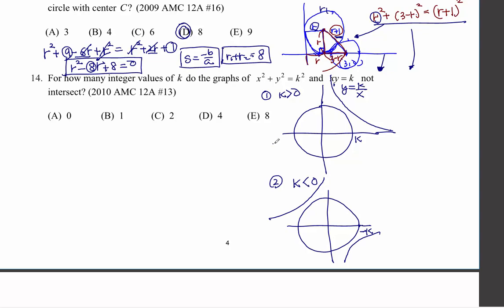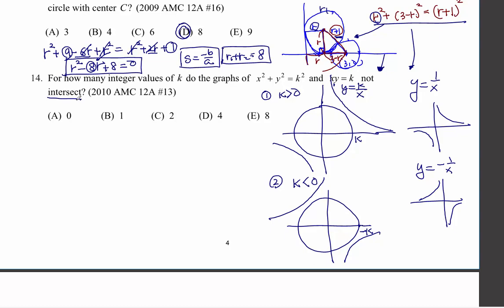Positive here and the other side. If we have y equals 1 over x, the graph of this one is here, the other one over here. And y equals negative 1 over x is here and here. We have two different ways. This one does not intersect.